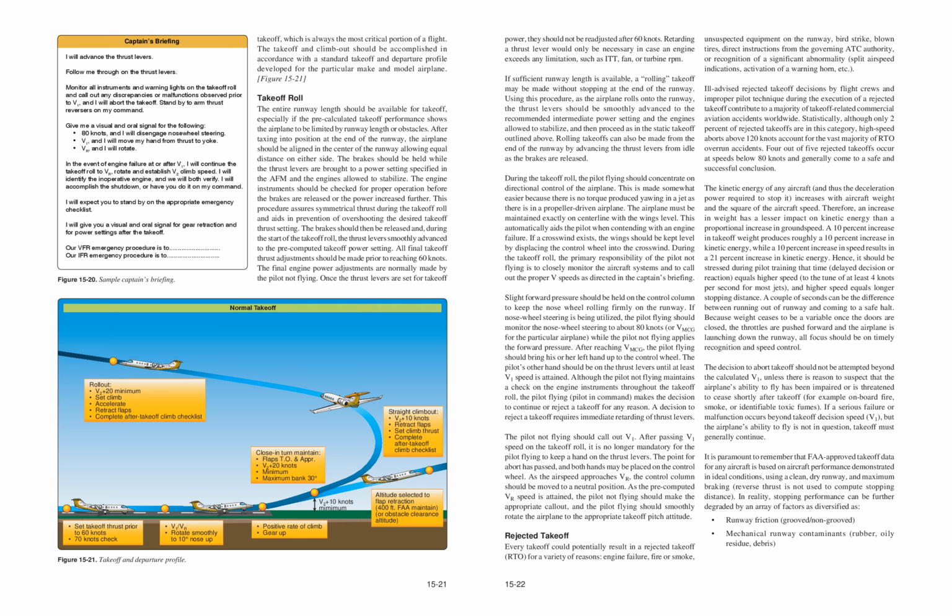It is paramount to remember that FAA-approved takeoff data for any aircraft is based on aircraft performance demonstrated in ideal conditions, using a clean, dry runway, and maximum braking. Reverse thrust is not used to compute stopping distance.